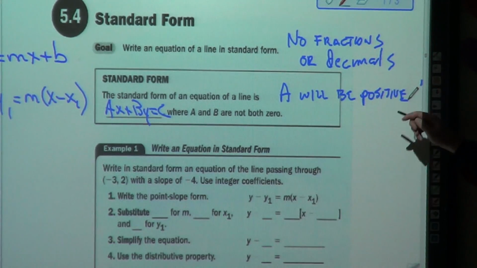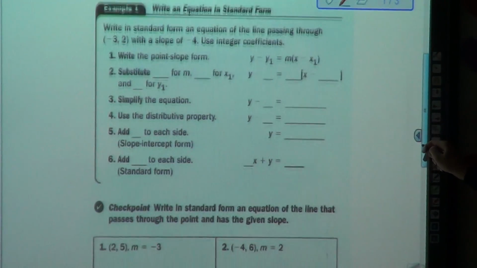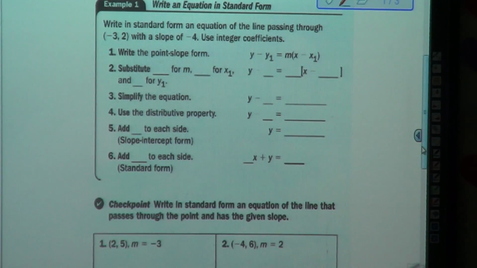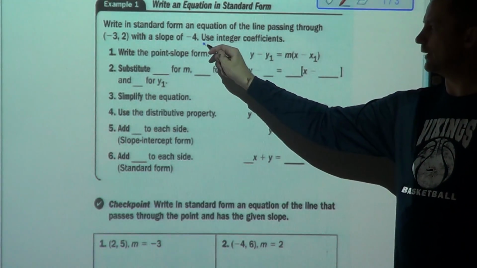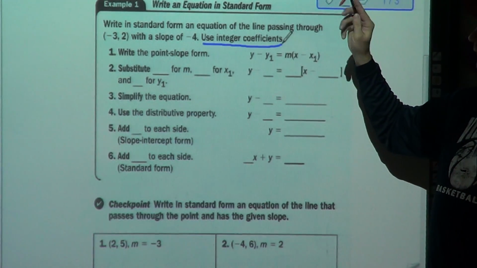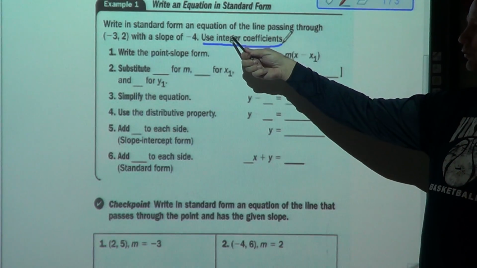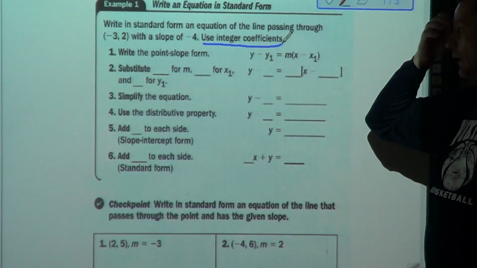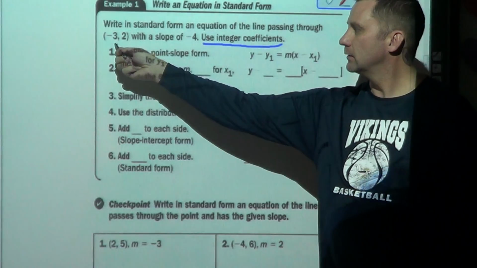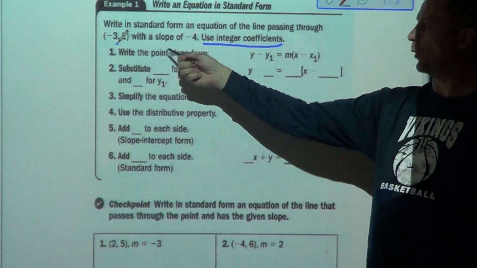Example 1 says write in standard form an equation of the line passing through (-3, 2) with a slope of -4. It says use integer coefficients, and what that means is, like I said above, no fractions and no decimals. If they give me the point and the slope, we should use point-slope form.